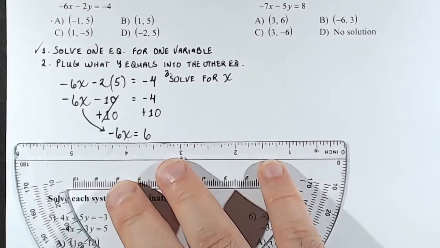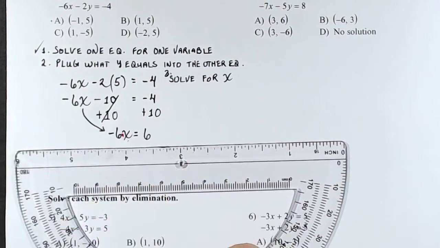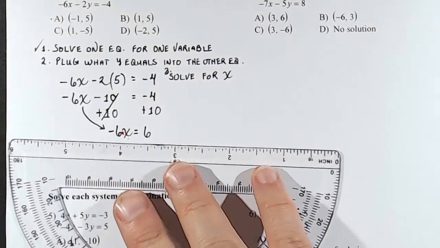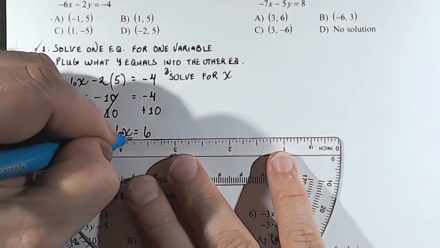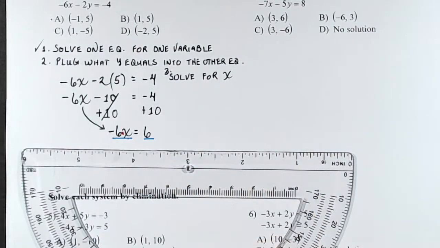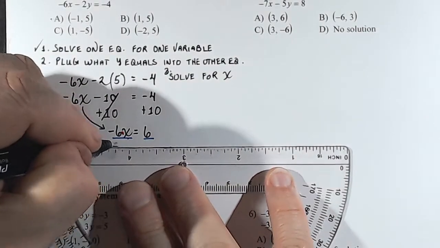Okay, well, right now, it's holding on to the core with multiplication. So to fight multiplication, I have to use its nemesis, which is division. So I have to divide both sides by -6.